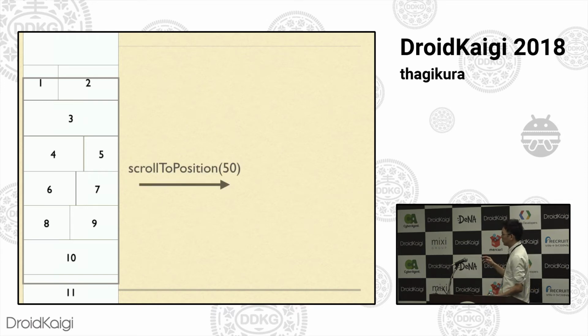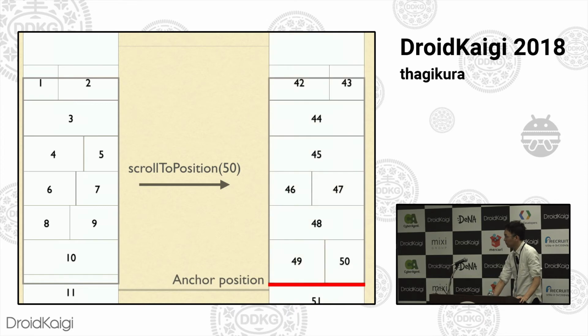Then the scrollToPosition method is called, which means the layout manager needs to scroll until the 50th item becomes visible. In that case, it is natural to put the 50th item at the bottom once that item becomes visible.